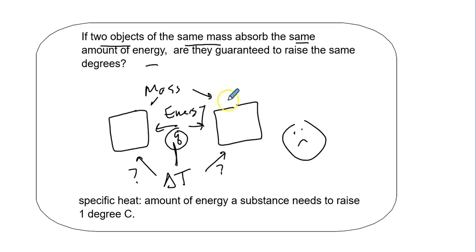And that's due to specific heat. We symbolize specific heat with a C, and that is the energy per mass per degree Celsius or Kelvin. Some things just inherently can absorb and hold more energy than other things do.